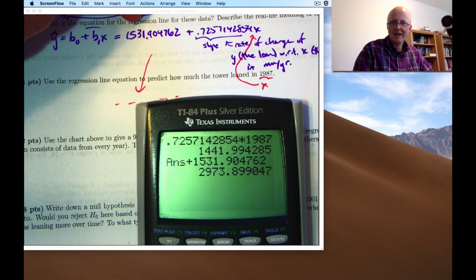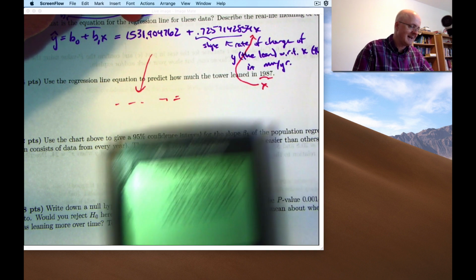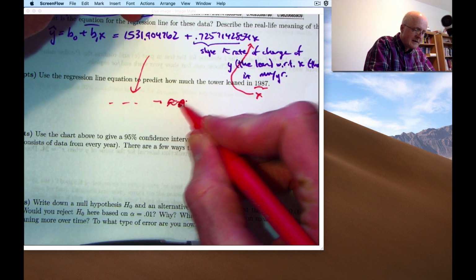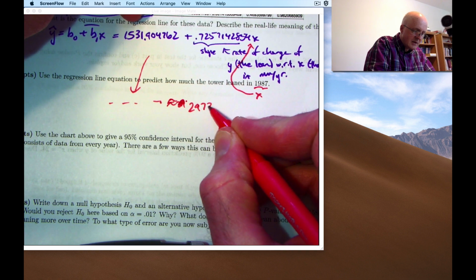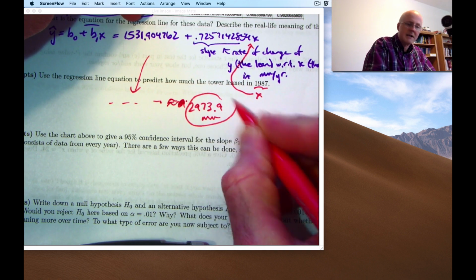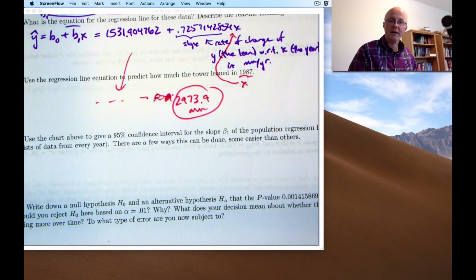Approximately 2973.9. Here we want to round 2973.9. Don't forget your units, millimeters. That would be your approximation based on this regression line equation for how much the tower leaned in 1987. Now, was that the actual lean? Probably not. You'd want to go back and look at the data.